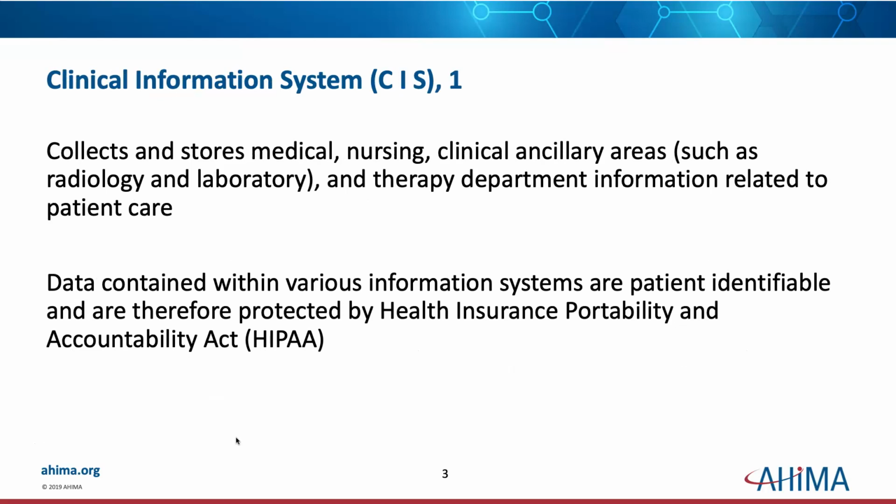So, clinical information systems, what do they do? They collect and store medical, nursing, and clinical ancillary areas such as radiology and lab, pharmacy, and therapy departments, information related to patient care. So, clinical needs to equal patient care in your mind. Data contained within the information systems are patient identifiable, and therefore they are covered by HIPAA.